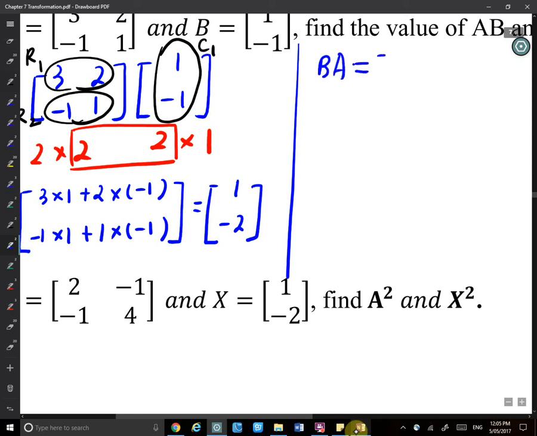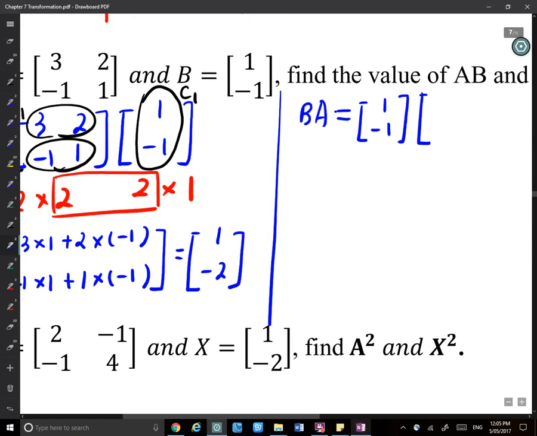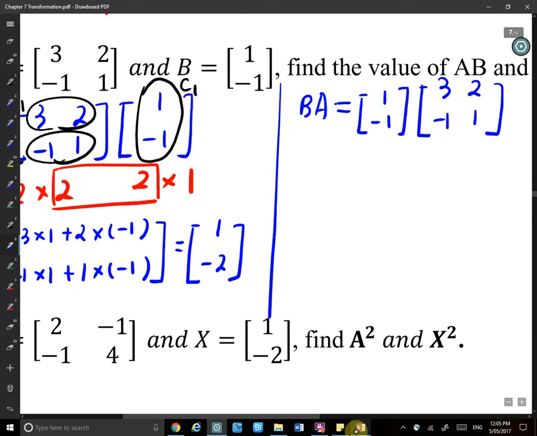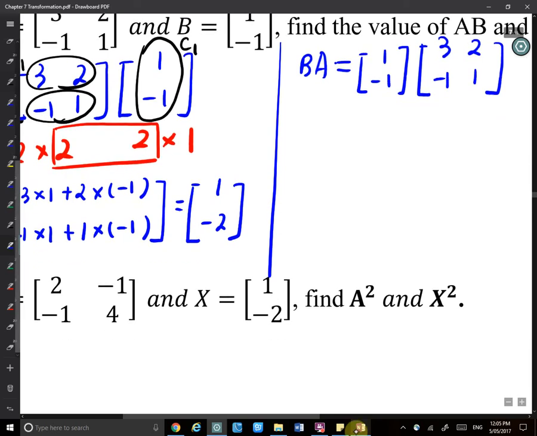B times A will be 1, minus 1 times 3, 2, minus 1, and 1. The first one is a 2 times 1 matrix. The second is a 2 times 2 matrix. The middle two are not the same.